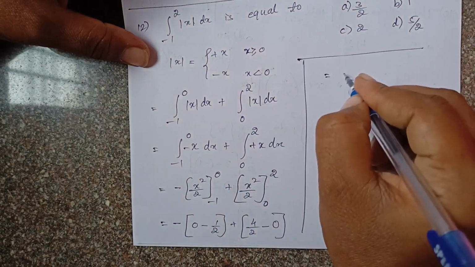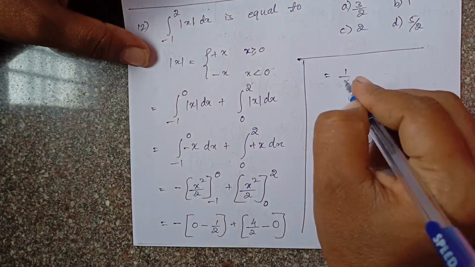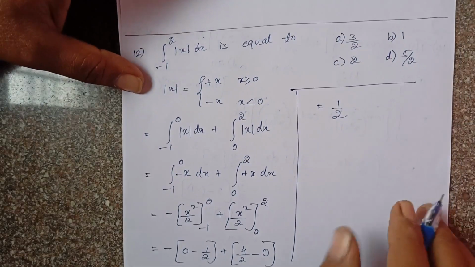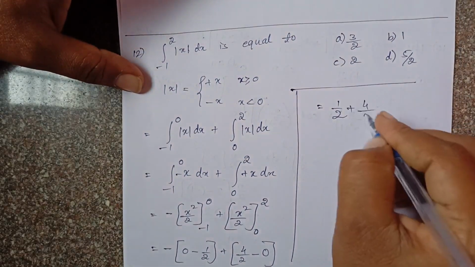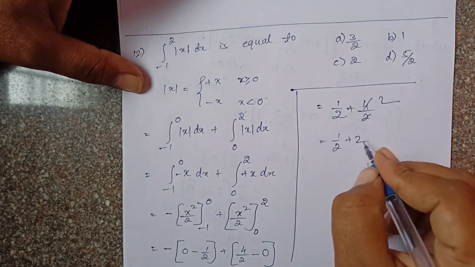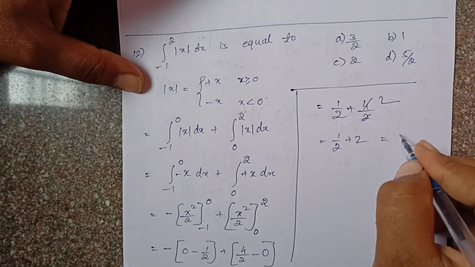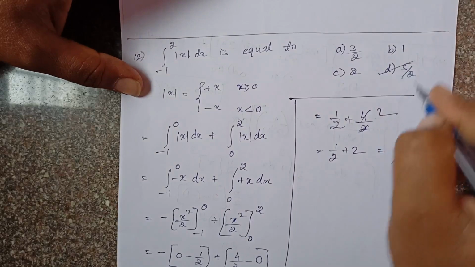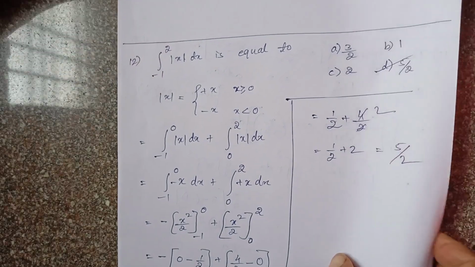Now minus of minus 1 by 2, nothing but plus 1 by 2, plus 4 by 2, that is 2. If you cross multiply, 1 plus 4 by 2, 1 plus 4 is 5 by 2. So which option here? D is correct.